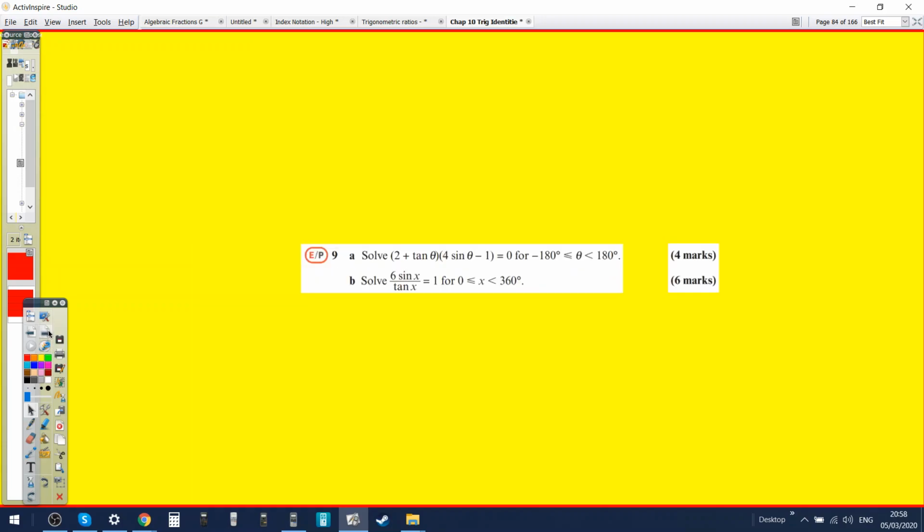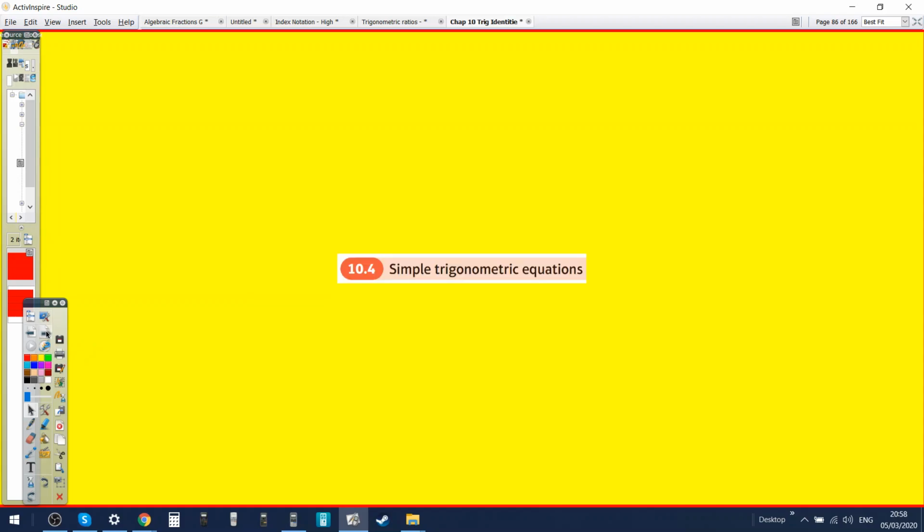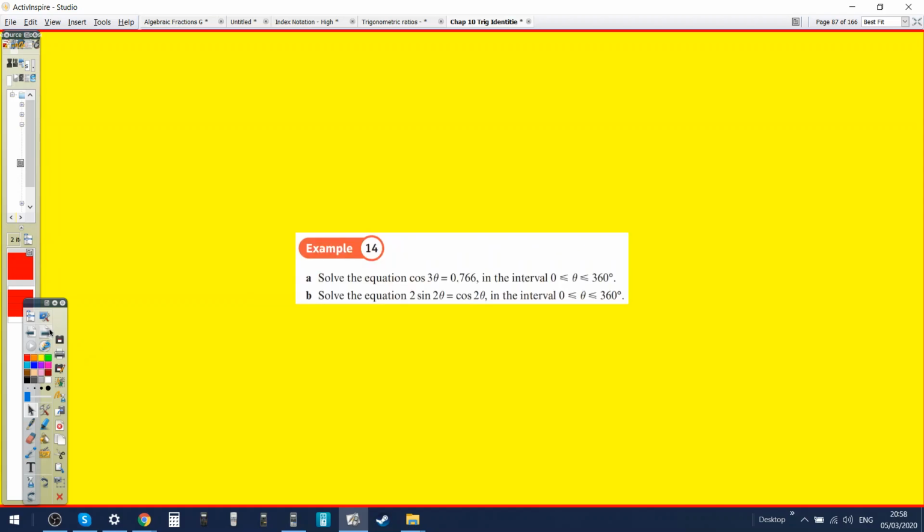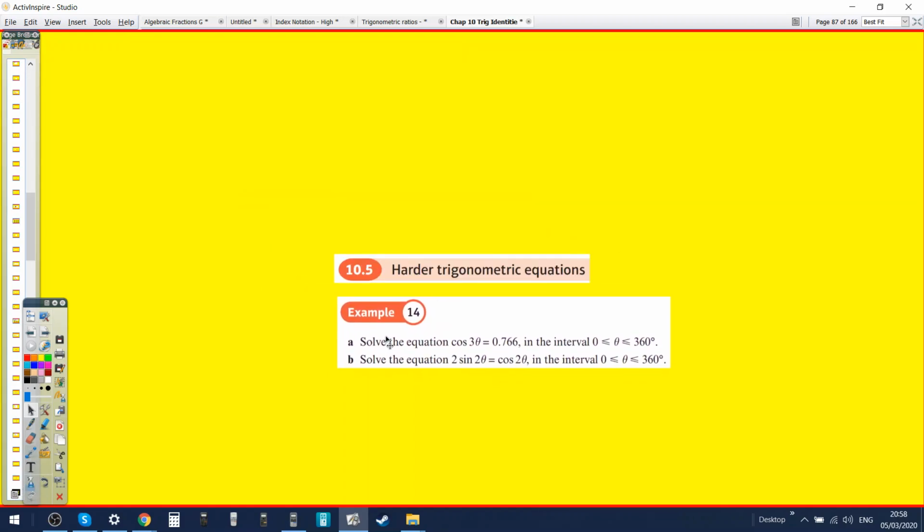It's not really identity. It's just changing it from cos theta to 1 minus sine theta, that type of thing. So these ones you don't have to do. Is that double angle? Oh yeah, actually that is double angle. Yeah, we do have to do them.